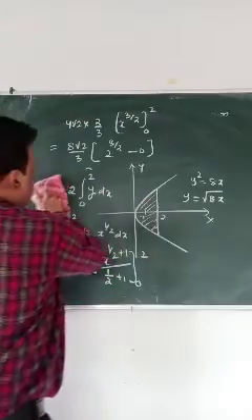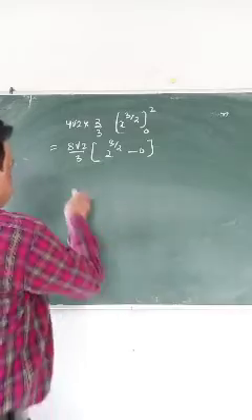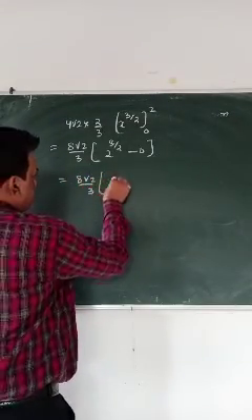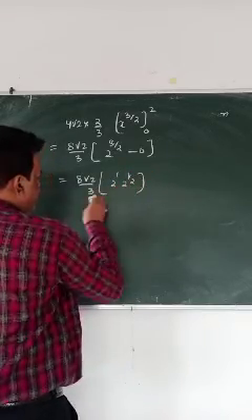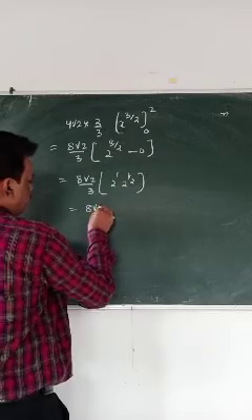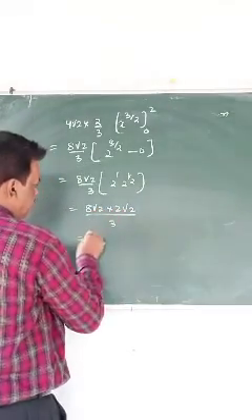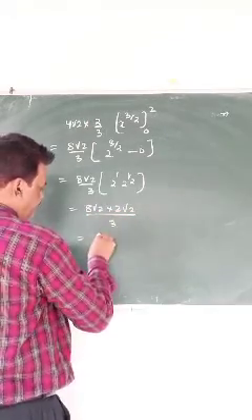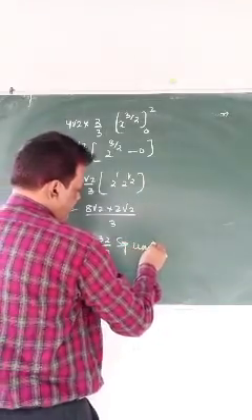So that gives you 2 to the power 3 by 2, 8 root 2 by 3, 2 to the power 1, 2 to the power half. That means 8 root 2, 2 root 2, that is 16, 16 twos are 32. 32 by 3 square unit.